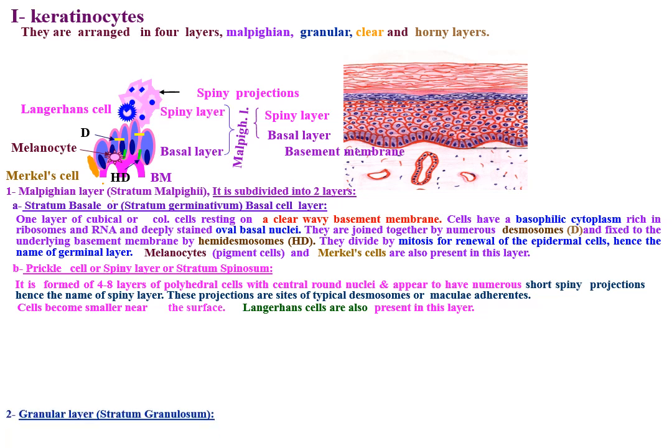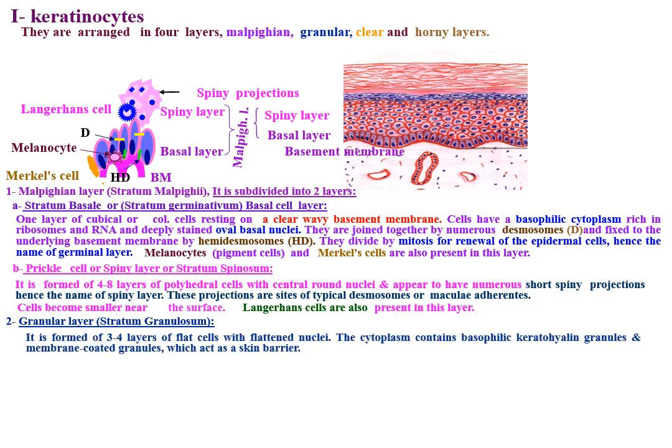Then granular layer or stratum granulosum. It is formed of 3 to 4 layers of flat cells with flattened nuclei. The cytoplasm contains basophilic keratohyaline granules and membrane-coated granules which act as a skin barrier.